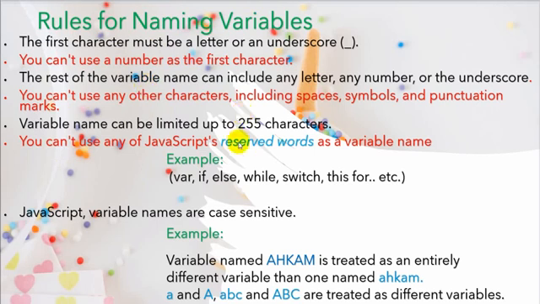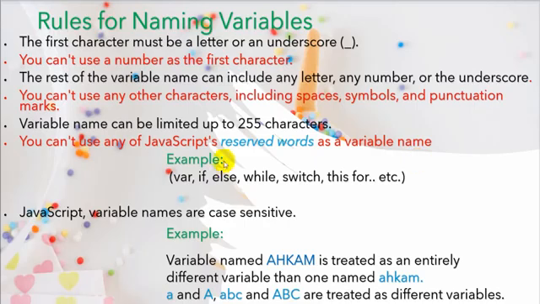Reserved word means in that particular language there are some keywords, like var. As we know, var is a keyword which is used to declare a variable. Means var is reserved for declaring a variable in JavaScript. So you cannot use var as a variable name. Are you getting my point?